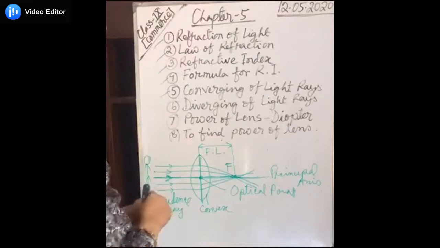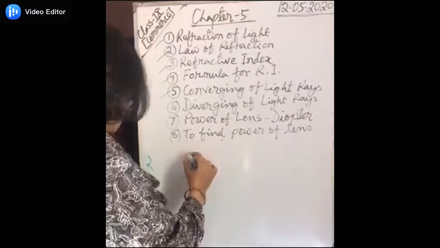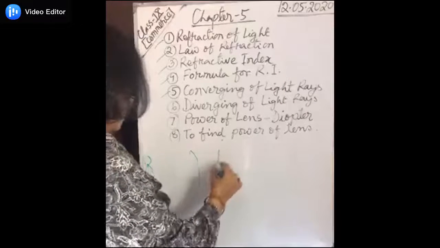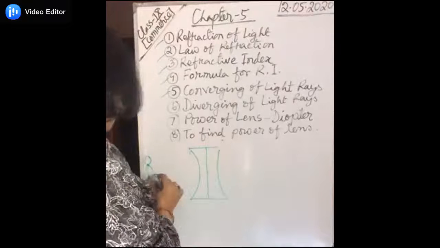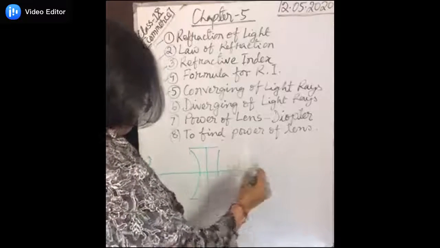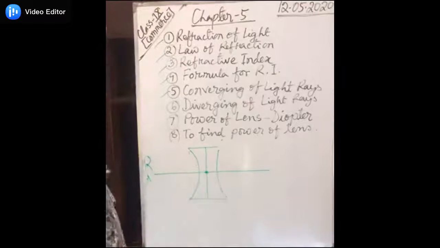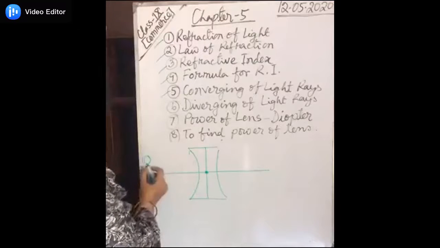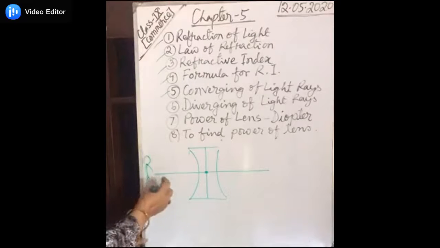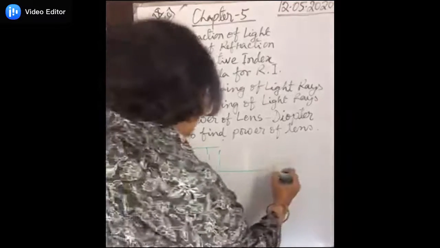Now come to the next one, diverging of light rays. Maybe think this is the optical center. The line passing through this is the principal axis, and the light falling from the object is the reflected light.